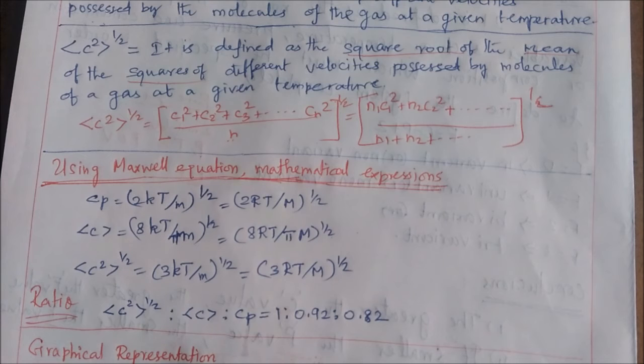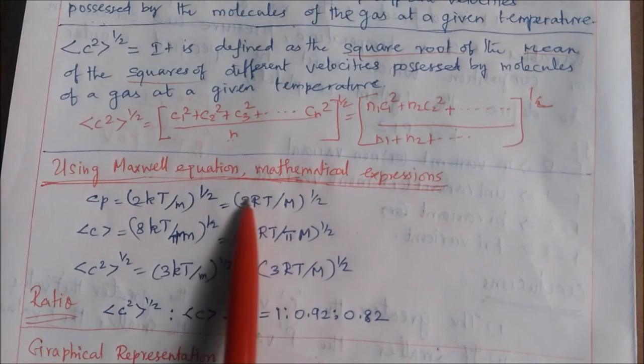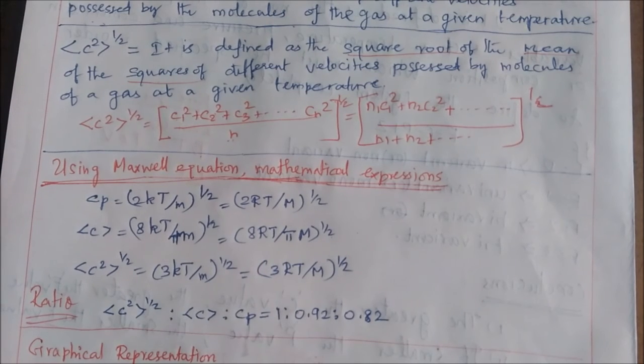We have a relationship between the values of the different speeds: the root mean square velocity is greater than the average velocity, which is greater than the most probable velocity. For most probable velocity we have the factor root 2. Likewise we can relate some values. What is the ratio of these speeds?